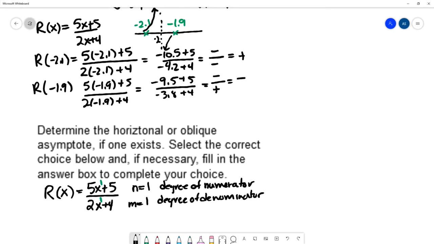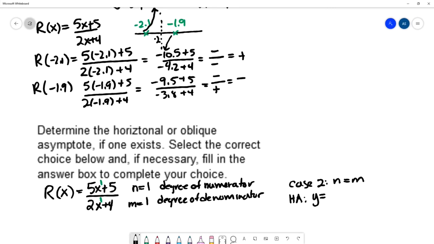And we compare them. And one of the comparisons involves them being equal to each other. I typically call this case 2, where n is equal to m. Anytime we have the degree of the numerator equal to the degree of the denominator, we are going to have a horizontal asymptote.